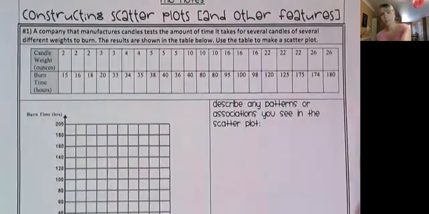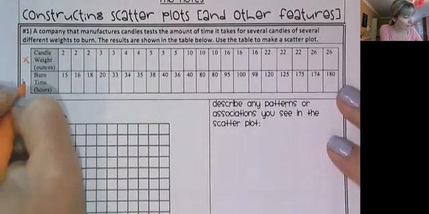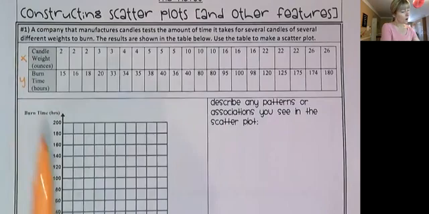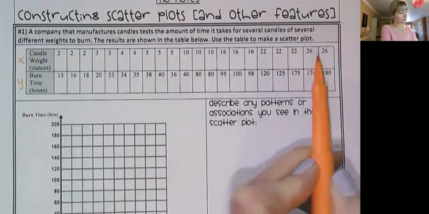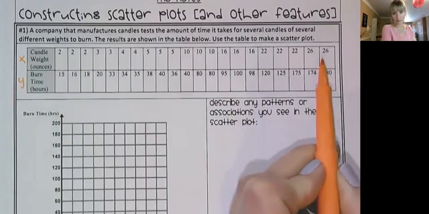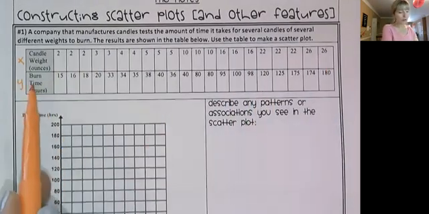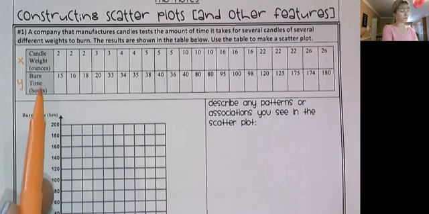Just to make sure we're clear on this, this is just like when we're doing a table of values when we're talking about functions and everything else. This is like an X and a Y. It's two variables. So we have all of our candle weights up here in ounces, from 2 ounces all the way up to 26 ounces. And then we have along with that the amount of time it took that candle to burn.